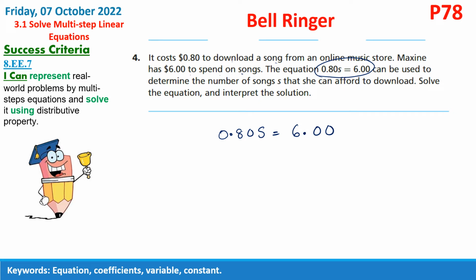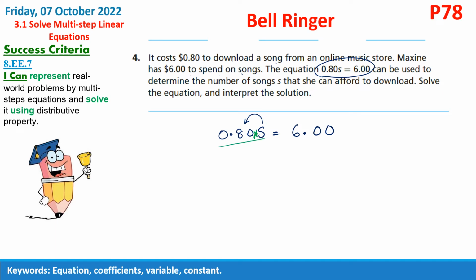Okay, now what have you seen? That s is multiplying with 0.80. If no sign is written in between the variable and the number, it means they are multiplying. In order to remove the multiplication, what do we do?